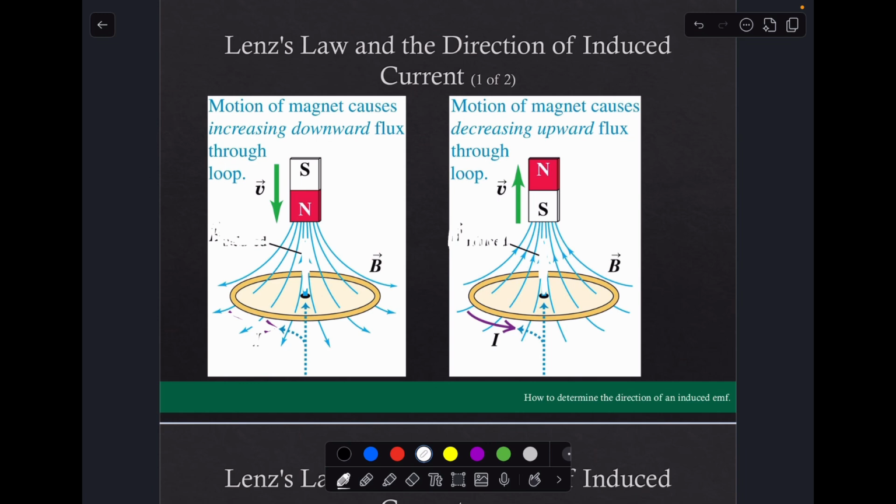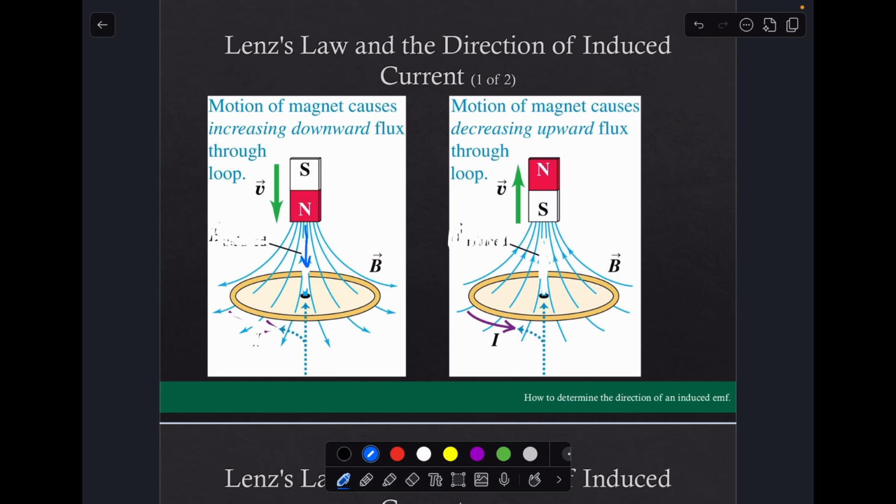If the magnet has the North Pole facing down, we recall that the magnetic field vectors leave the North Pole, so that would be a downward facing magnetic field vector coming from the magnet.